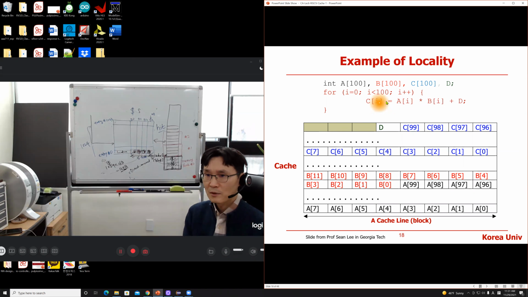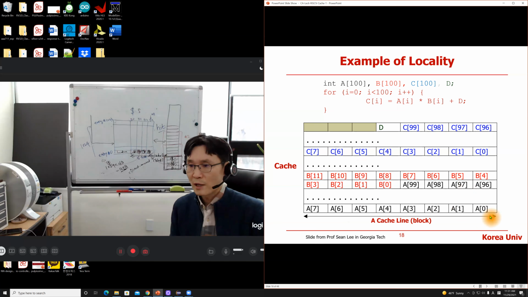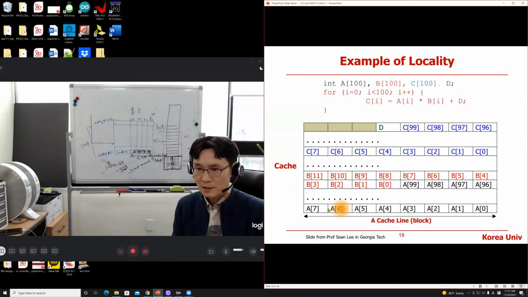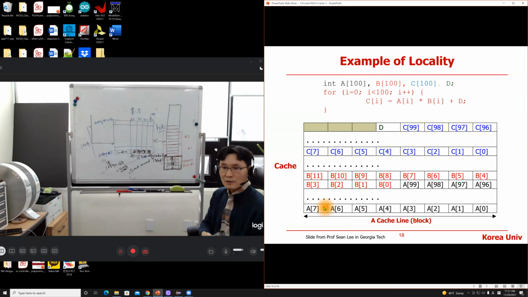The first time you access A0, you have a cache miss, because the cache has nothing. So then the cache will place the whole memory block. In this case, you have 1, 2, 3, 4, 5, 6, 7, 8, 8 words.